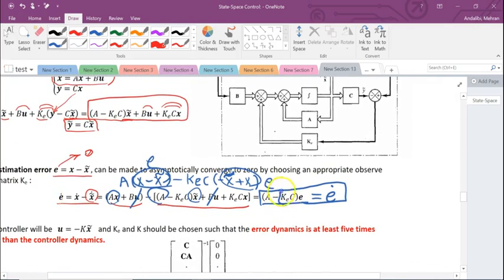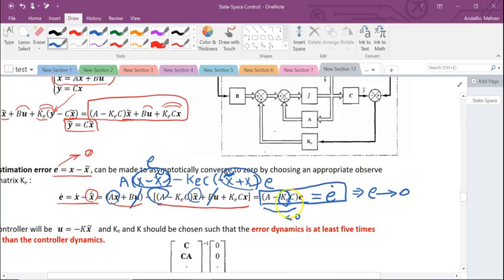If we choose KE such that this whole matrix A minus KEC is negative definite, then you can show that the solution of E will go to 0, because E will be a bunch of exponentials with negative powers. So E will go to 0.